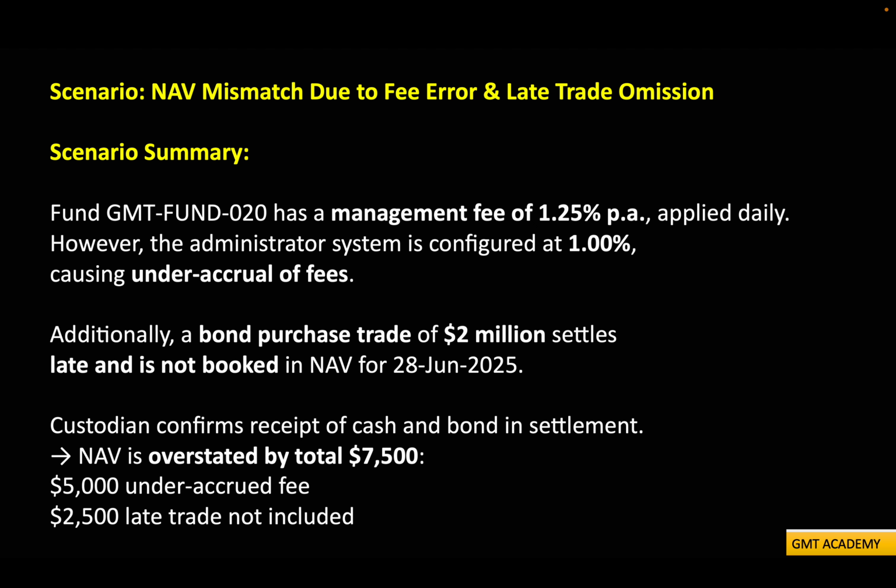The custodian confirmed receipt of the cash and bond in the settlement. So the NAV is overstated by $7,500: 5,000 from the under-accrued fee and 2,500 from the late trade. Due to these two reasons, the NAV gets overstated by $7,500. It is a big amount. The reasons are the accrual fee and the late trade.